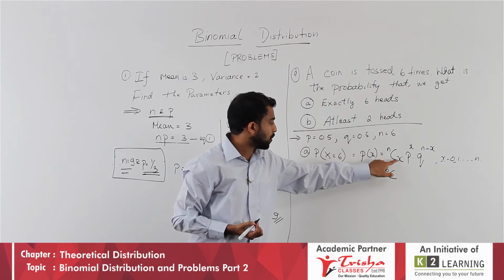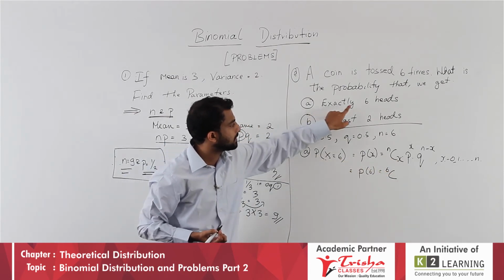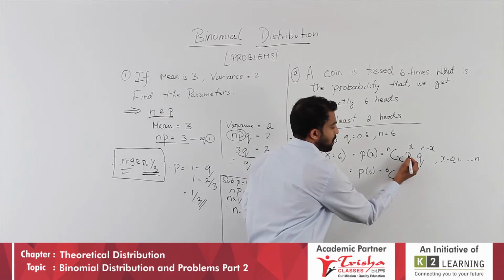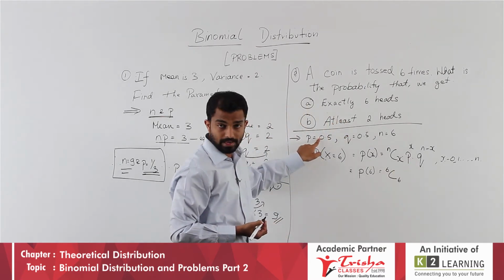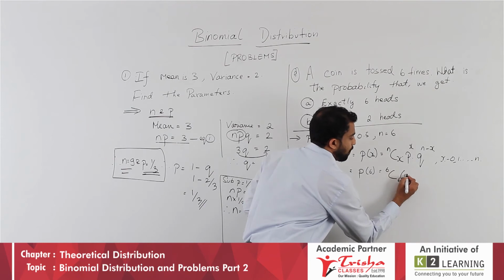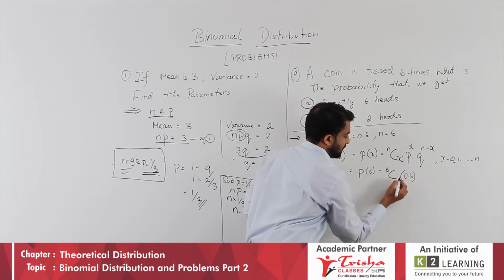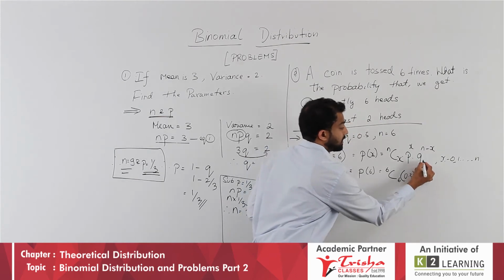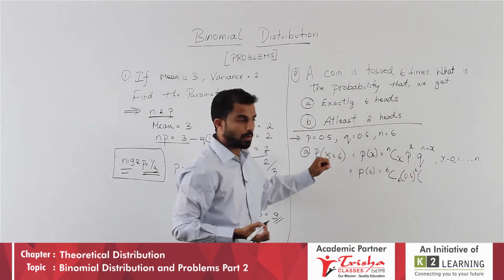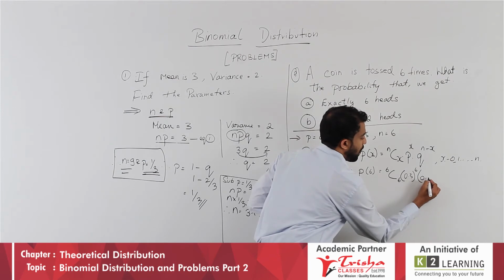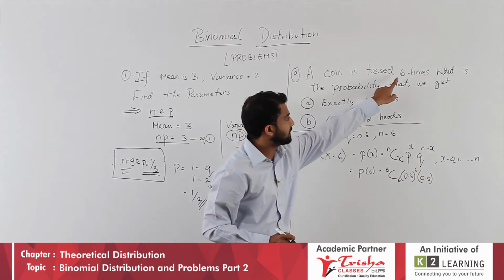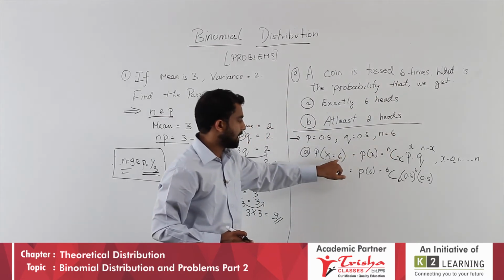C, x, what do we want here? Exactly 6 heads. So x is equal to also 6. What is p? Probability of a coin given 0.5 to the power, how much is x? 6 into, what is q? q is also 0.5. So it is 0.5 to the power n minus x. 6, that is n, and x is also 6.